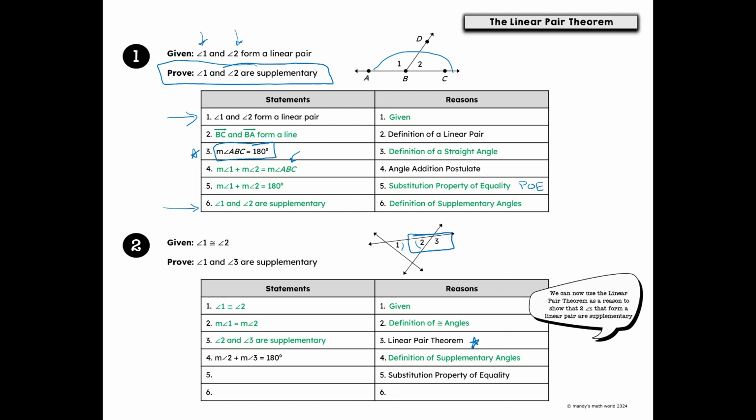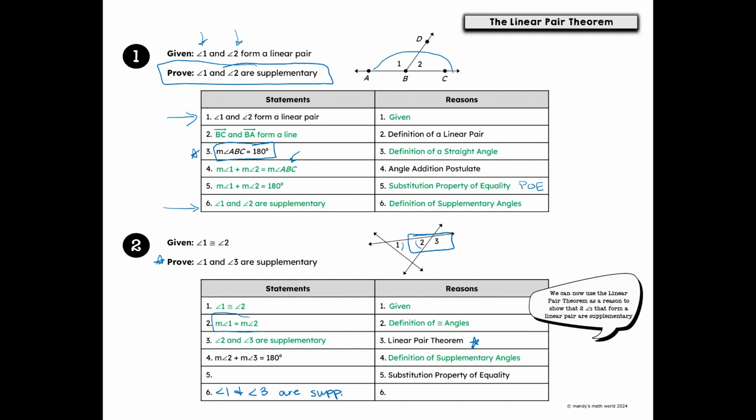Again, we are trying to prove angle 1 and angle 3 are supplementary. I can write that down at any time. That's what I'm trying to get to. I've got the measure of angle 2 plus the measure of angle 3 equals 180 degrees. But I'm trying to get to the fact that angle 1 and angle 3 are supplementary, not angle 2 and angle 3. Oh, wait.